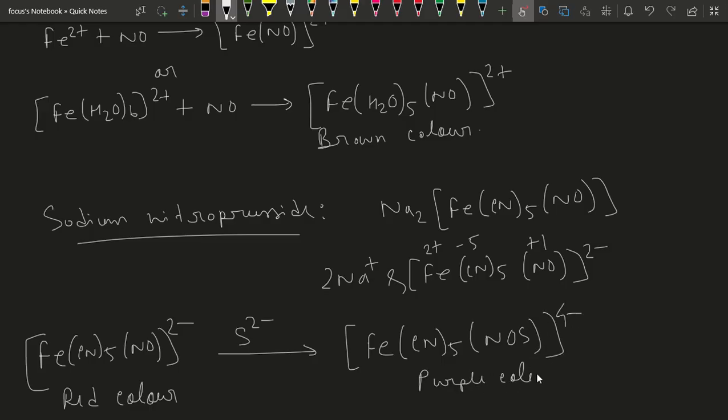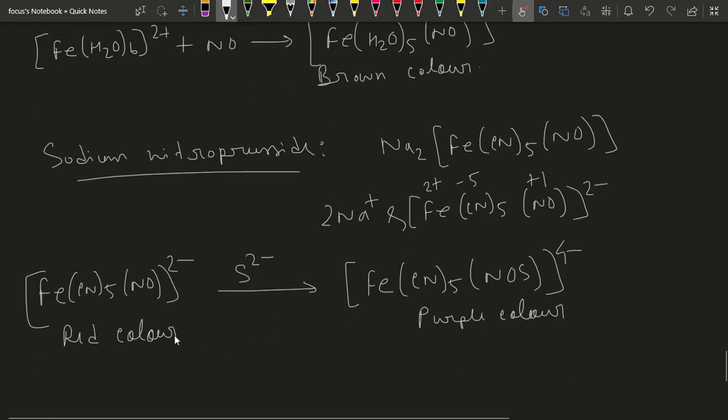Purple color. So the use of this sodium nitroprusside is to test for sulfide ion. So these are some important iron and NO ligand complexes used in various chemical tests.